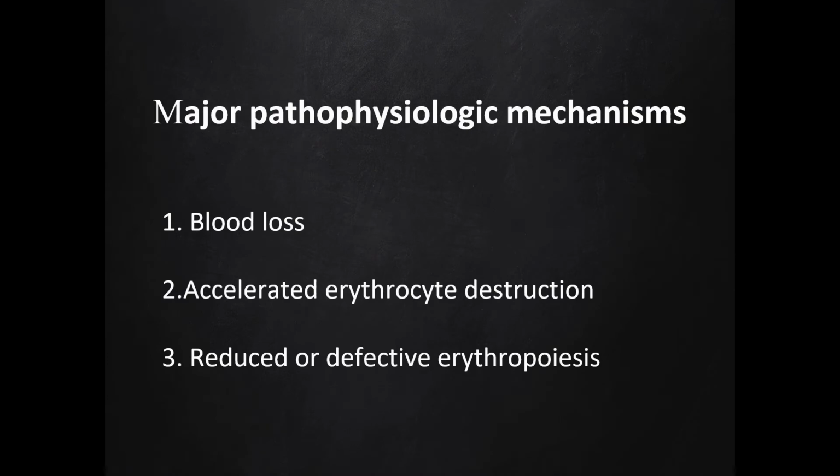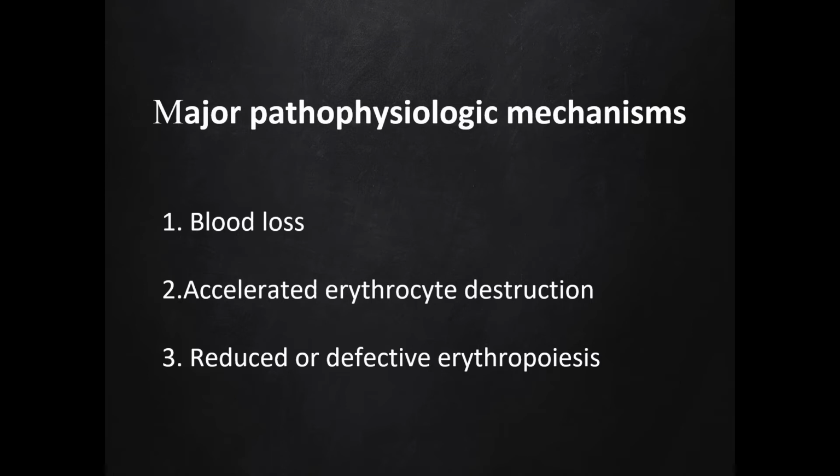So the major pathophysiologic mechanisms of anemia are blood loss, accelerated erythrocyte destruction, and reduced or defective erythropoiesis. When there is blood loss, it could be a hemorrhagic state, or hemorrhagic anemia. The blood goes out of the vessel and into the interstitial tissues. So there is a blood loss happening.